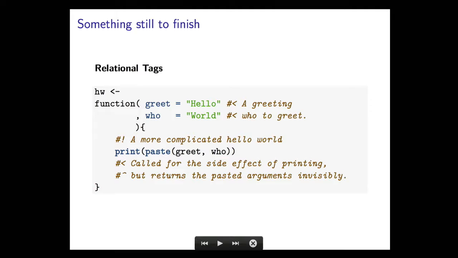In each of those, I just have to say hash arrow and then a description. I don't need to say parameter and repeat the name because I'm saying this is what I'm documenting. Also, you can see at the bottom, there's another relativistic tag that says that's the comment right before the end of the function. That's a return value. I'm saying what it is that I am returning. At the top, same thing with roxygen, it's a title. Doesn't have to be a relativistic tag though.